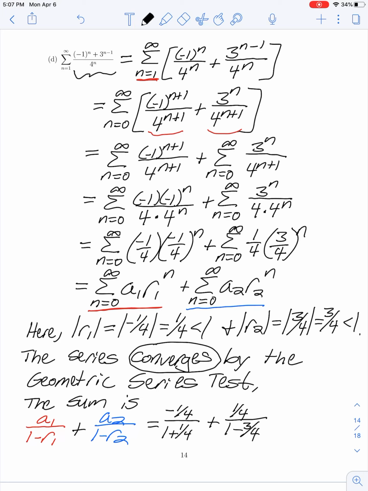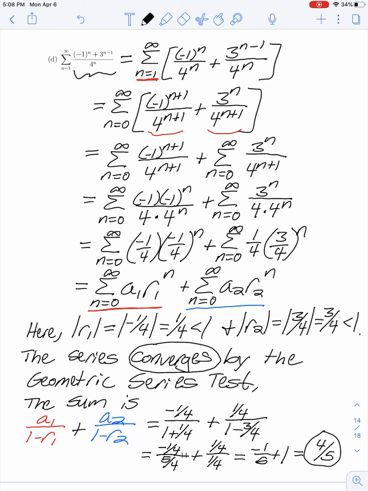So simplifying, we have -1/4 over 5/4 plus 1/4 over 1/4. So this leaves us with -1/5 plus 1, or 4/5 for the sum of this series.